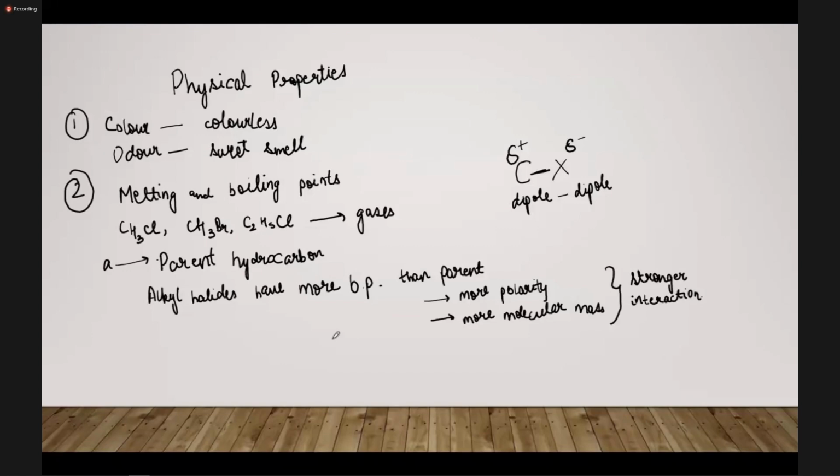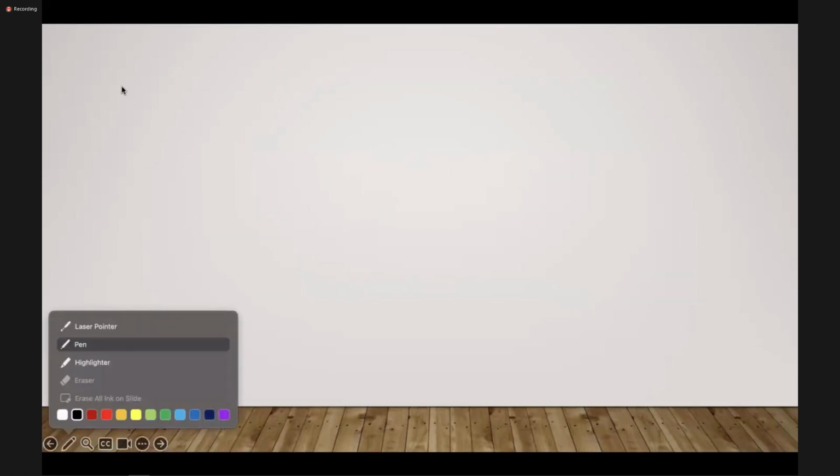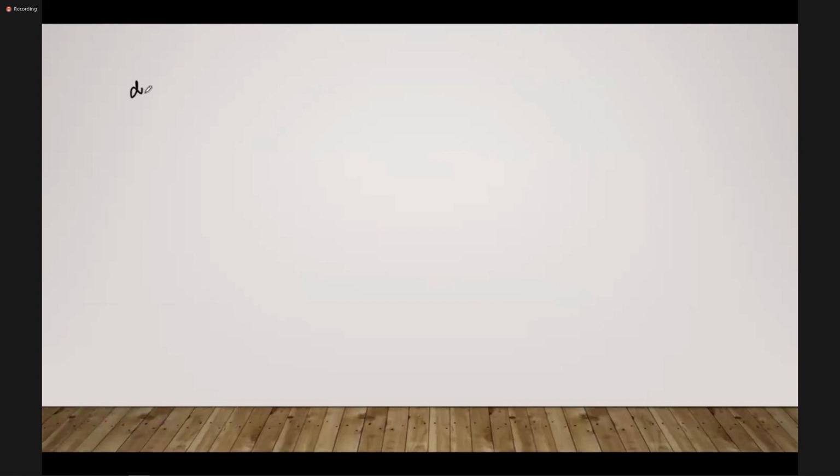Then we compare the boiling points among the different halides. If we keep the alkyl group the same, suppose it's propane, so we'll talk about the propyl group over here, with different halides: propyl iodide, propyl bromide, propyl chloride, and propyl fluoride.